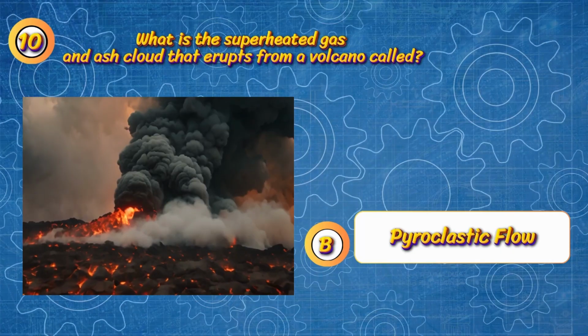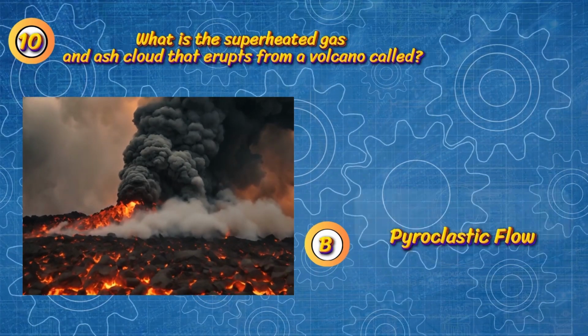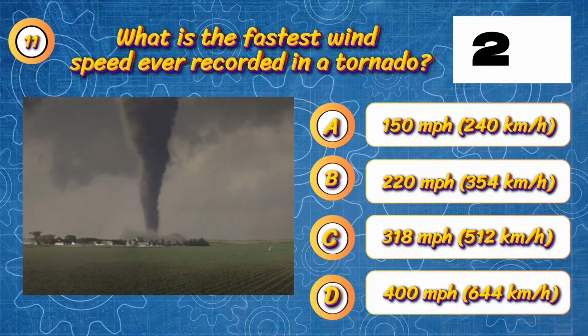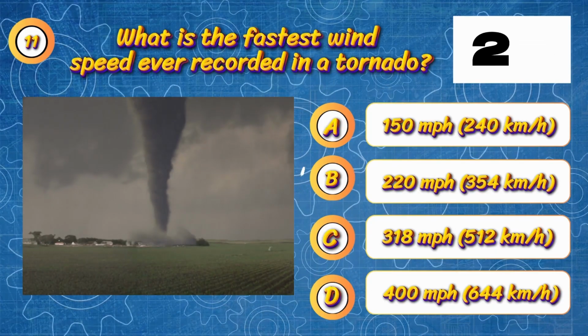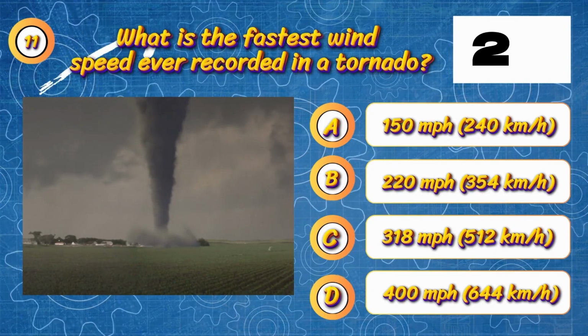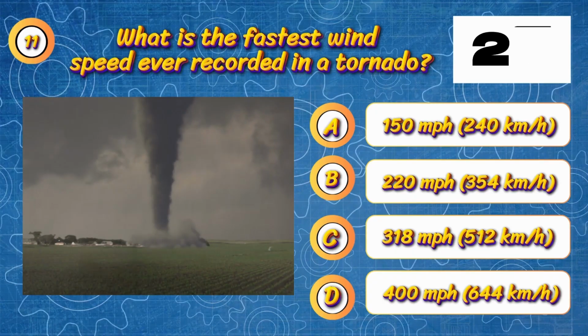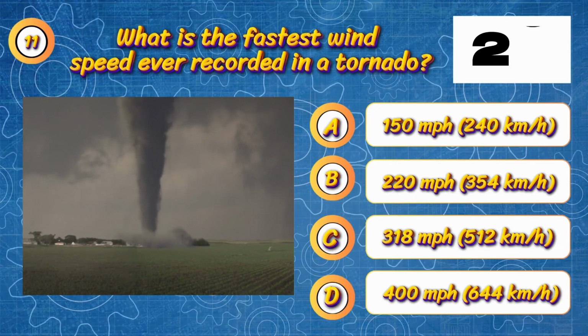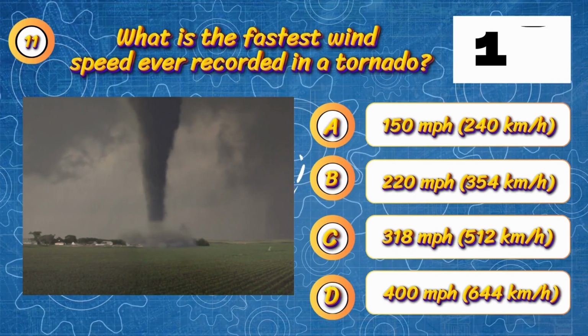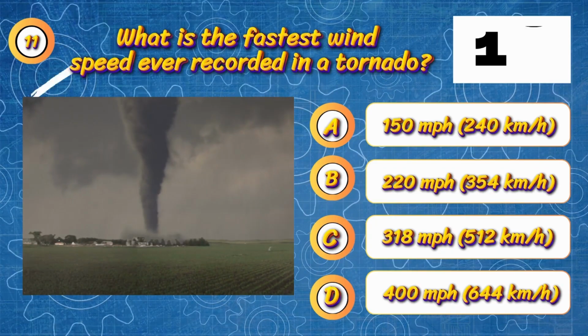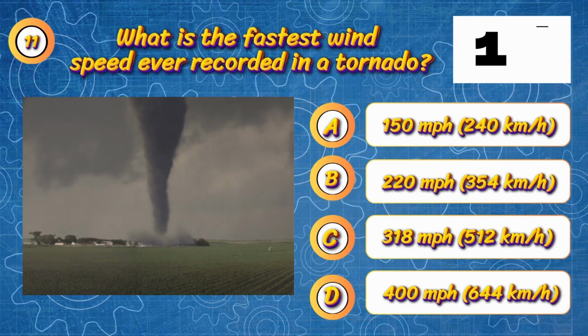Question 11. What is the fastest wind speed ever recorded in a tornado? A. 150 miles per hour, 240 kilometers per hour. B. 220 miles per hour, 354 kilometers per hour. C. 318 miles per hour, 512 kilometers per hour.